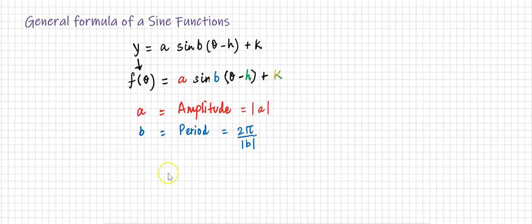Now, what is h? H here is a very important thing. H represents phase shift. Phase shift is also called horizontal shift, meaning how much the sine function will shift left or right.